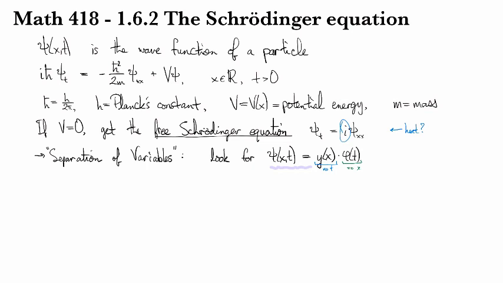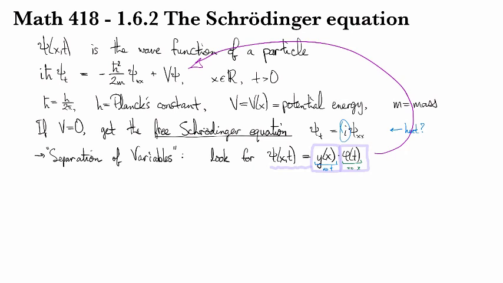Then if we substitute this into the equation, time derivatives will only affect phi, and space derivatives will only affect psi. So let's substitute this guy into Schrodinger's equation and see what happens.